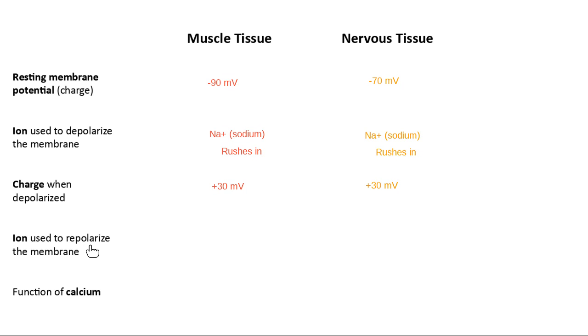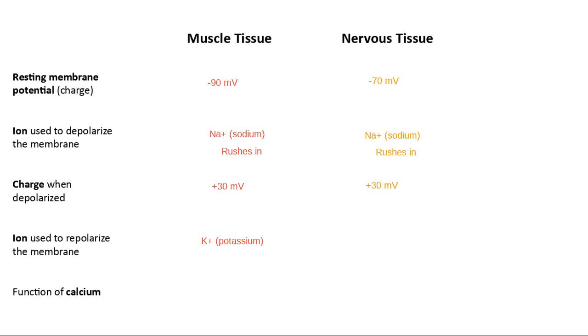Hey, I use the same ion to repolarize my membrane in both of these types of tissue as well. What's the ion that I use to repolarize both of these tissue types? Yeah, exactly. I'm going to use K+, which is potassium.